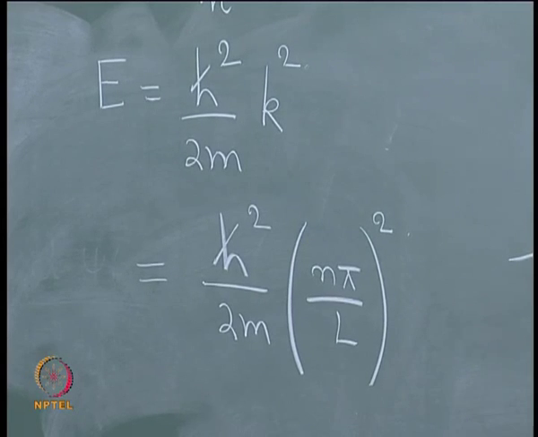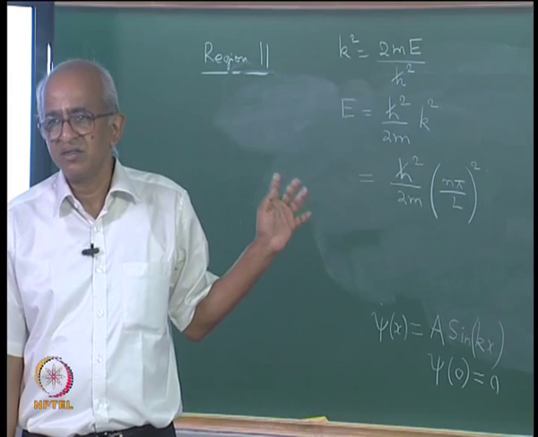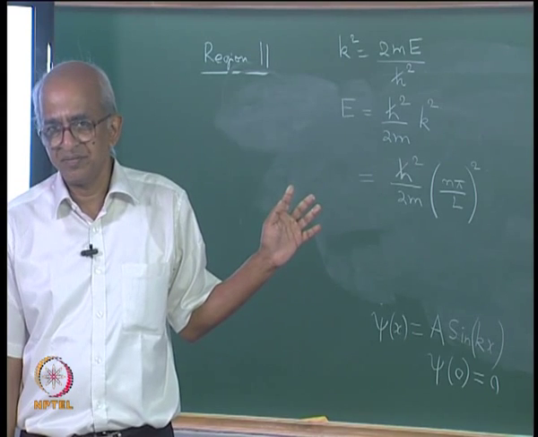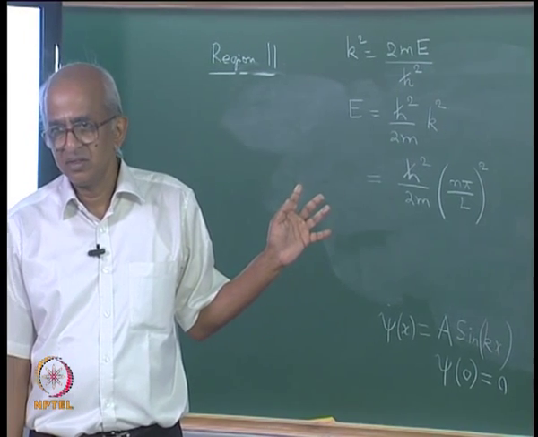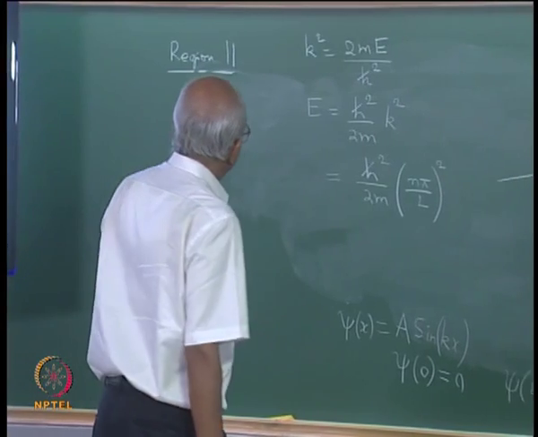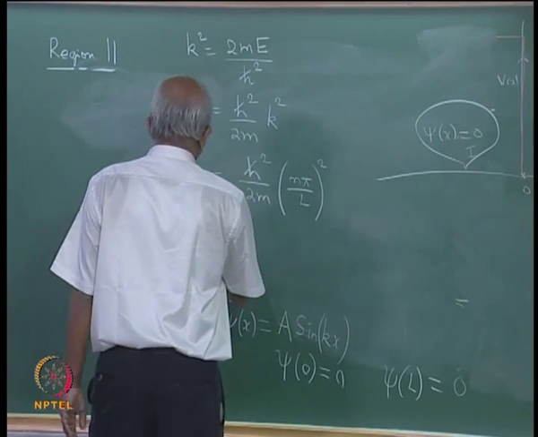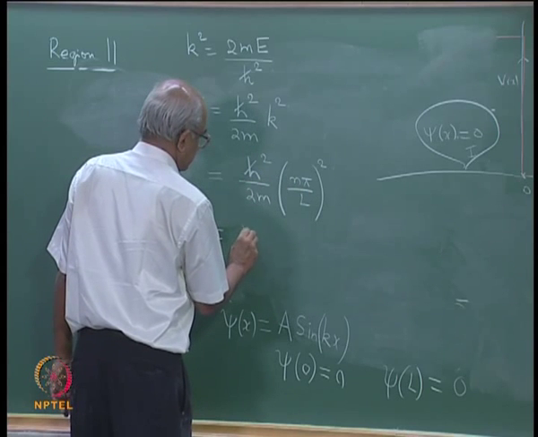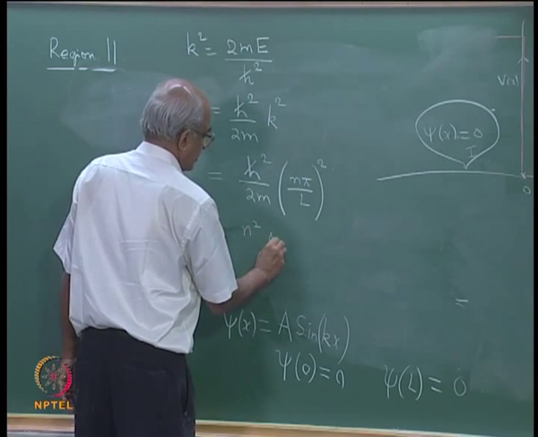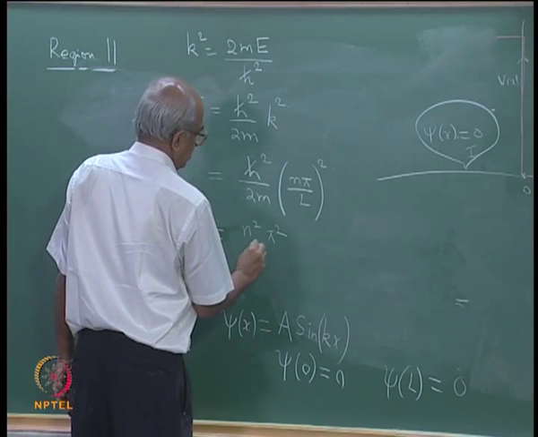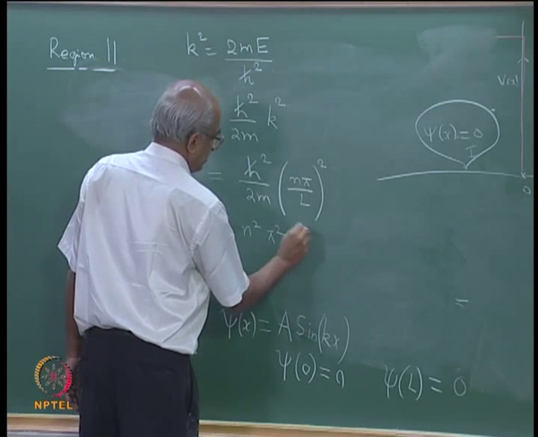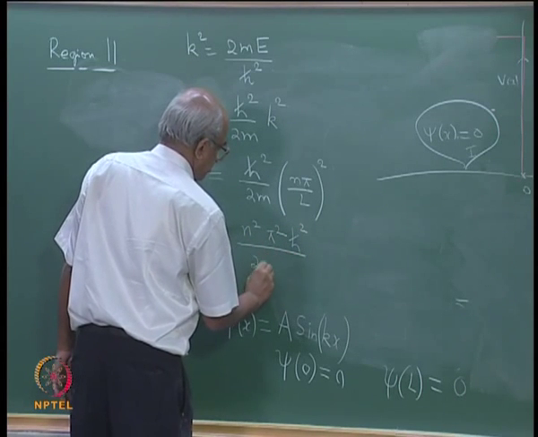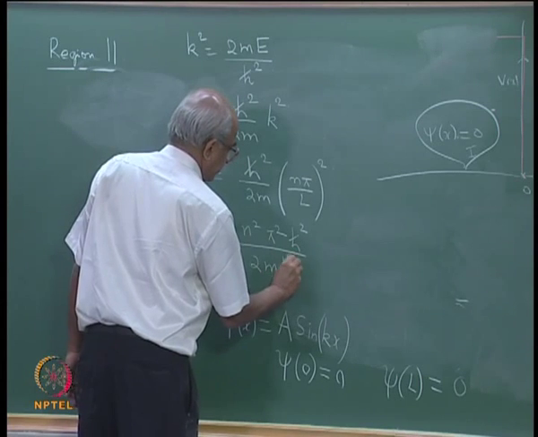For no other values of E will you be able to get acceptable solutions of the time independent Schrodinger equation, right. And what are these values? Actually, I could write it in this fashion: n square pi square h cross square divided by 2m L square.